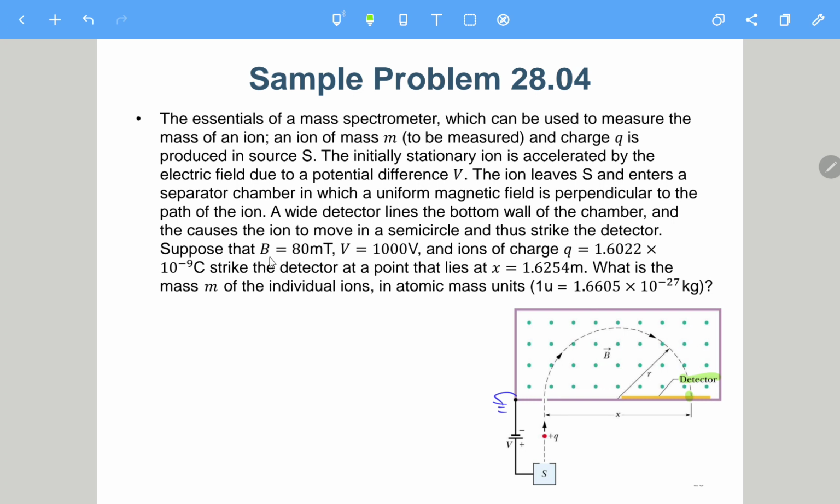Suppose that B is this value, and V is this value, and the ion charge Q strikes the detector at a point at X. So we will be able to measure this X. And then it asks you what is the mass of the individual ions in atomic mass unit. Atomic mass unit, 1 u is 1.66 times 10 to minus 27 kg, which is actually about the mass of a proton.